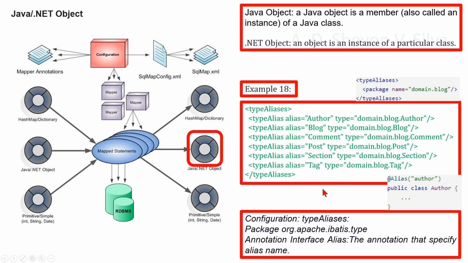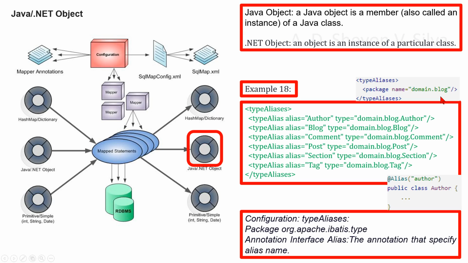You can specify a package where MyBatis will search for beans. Each bean found in domain.blog, if no annotation is found, will be registered as an alias using the uncapitalized non-qualified class name of the bean.